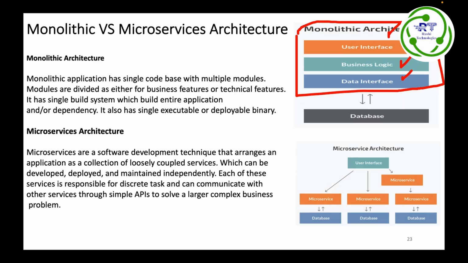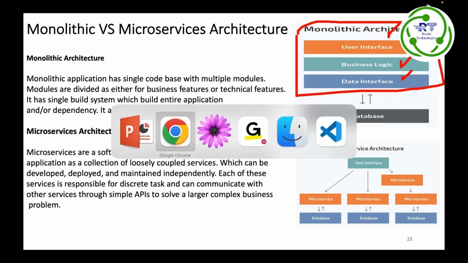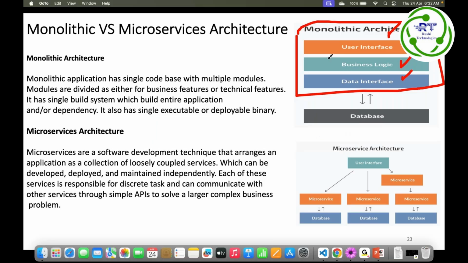All this is part of the same code base, in a single package: UI code, business logic, data interface, everything. The database we will deploy in a separate system, but the GUI and APIs will be running in the same system, in a single package.